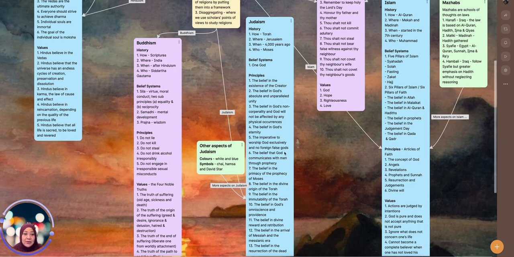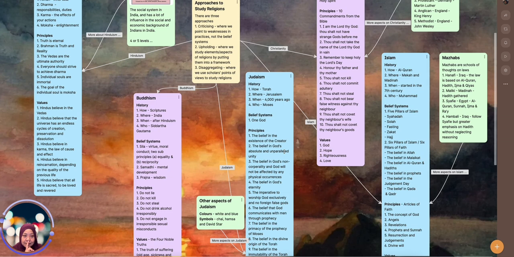You can have a look here at these 10 commandments. So you have, you shall not kill, you shall not commit adultery, etc. So we have similarities, the principles and the principles.